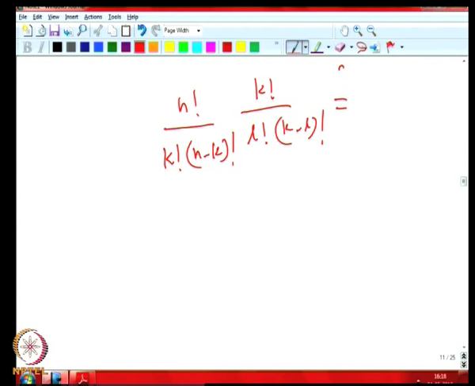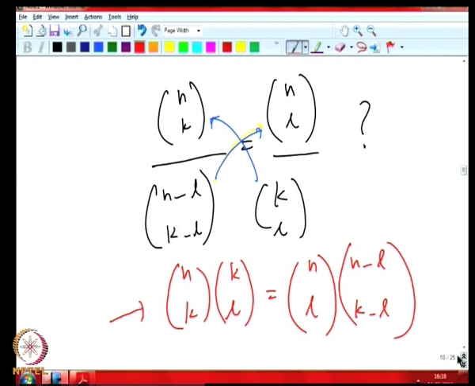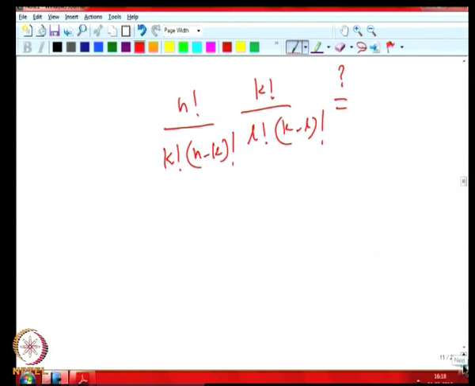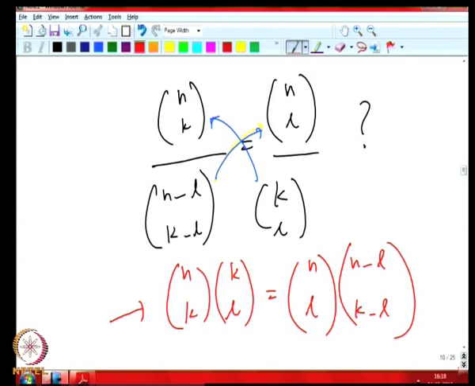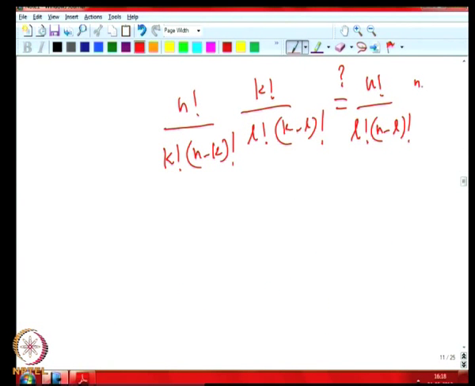I want to see whether this is equal to n choose L into n minus L choose k minus L. So, that is n factorial by L factorial into n minus L factorial, into n minus L factorial by k minus L factorial into n minus k factorial.